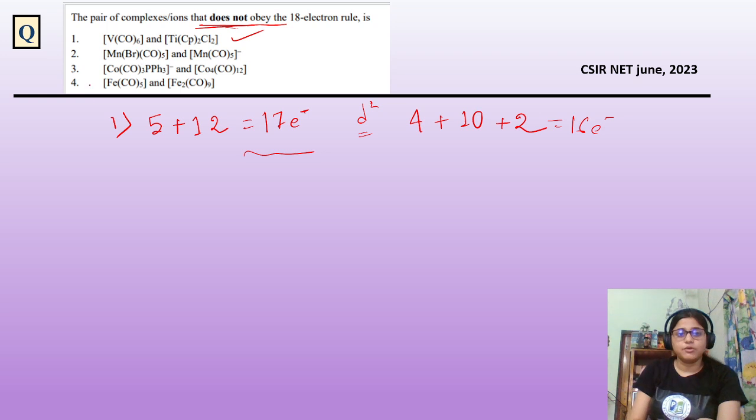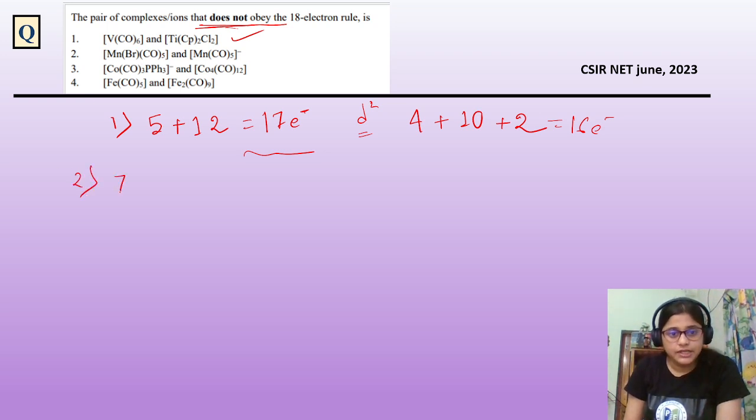But let's see the other options also in a quick manner. Mn 7 electrons plus Br 1 electron plus cobalt 5 carbonyls, it will be 10. So it is obeying the 18 electron rule, so we will not see the other in that pair. If one is obeying, it will not be the correct option. Cobalt is 9 electrons, 3 carbonyls is 6, PPh3 2, and 1 negative charge, 1.